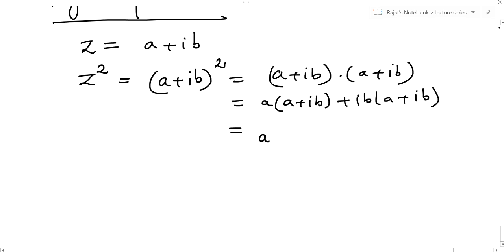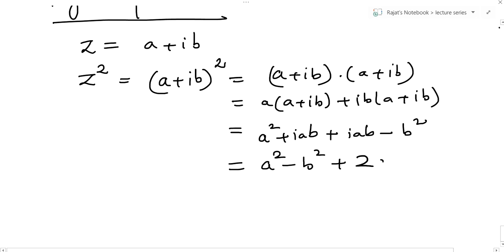So I can write it as a square plus iab plus iab minus b square, because i square is minus 1. So this will be a square minus b square plus 2abi. This is the square. Very simple.